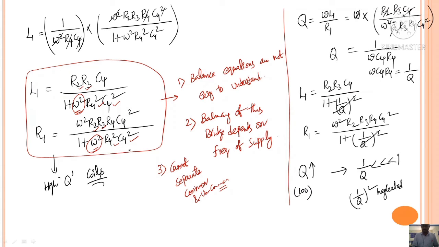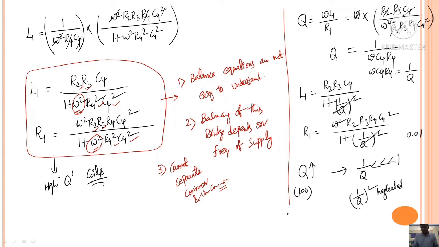Previously, if the quality factor is of medium or low value, we cannot neglect this term. Getting the balance condition is very difficult and also a complicated process. Whereas if the quality factor is high enough, we can neglect the 1 by Q square value, because if Q is 100, 1 by Q is 0.01.